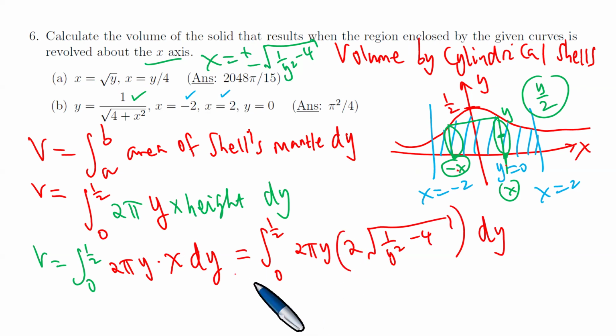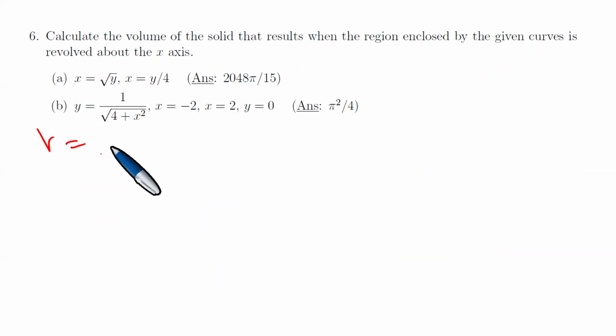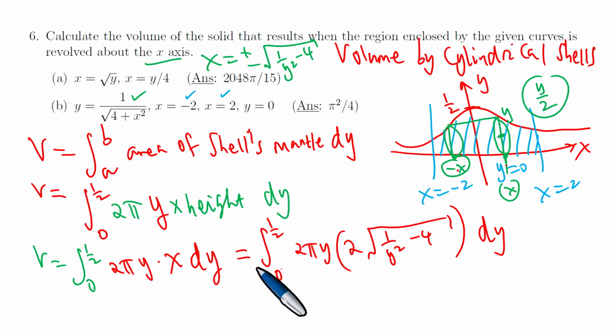So now let's check this out. So we're going to have the following. Y'all be in business now. V equals. Okay, now you have the 2 pi y with the 2. Then you're going to have what?